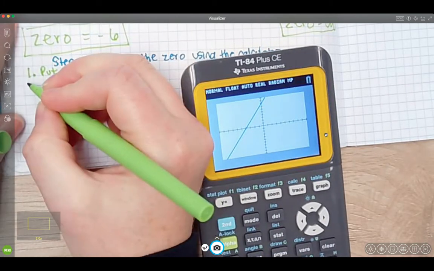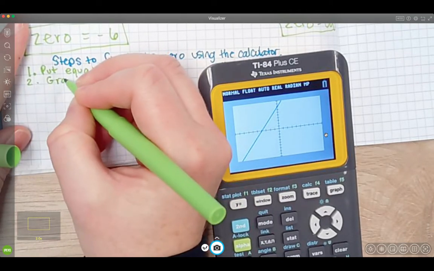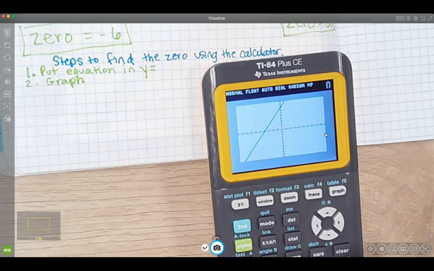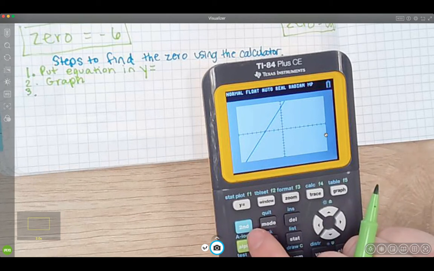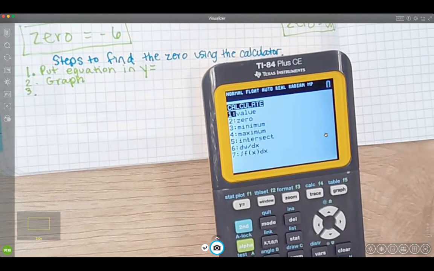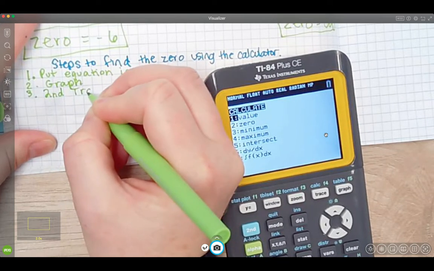Okay, so step 2 was graph. If you can't see it, you're going to zoom out. Okay, so right now we can see it. So we're good. So then we are going to, step 3, go to second trace, which is called calc. Second trace.